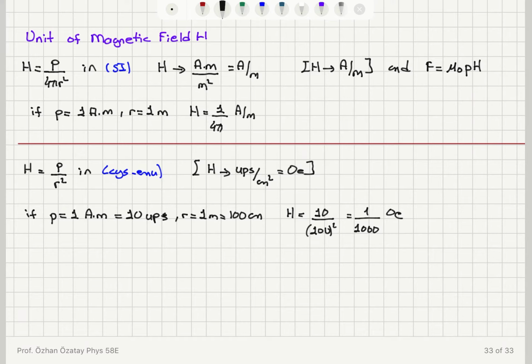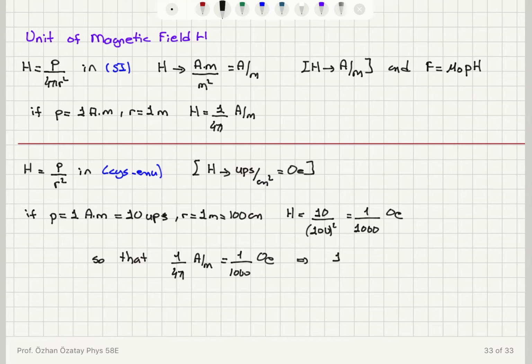Okay, so we have the magnetic field 1 over 4 pi amps per meter must be equal to 1 over 1000 Oersted.